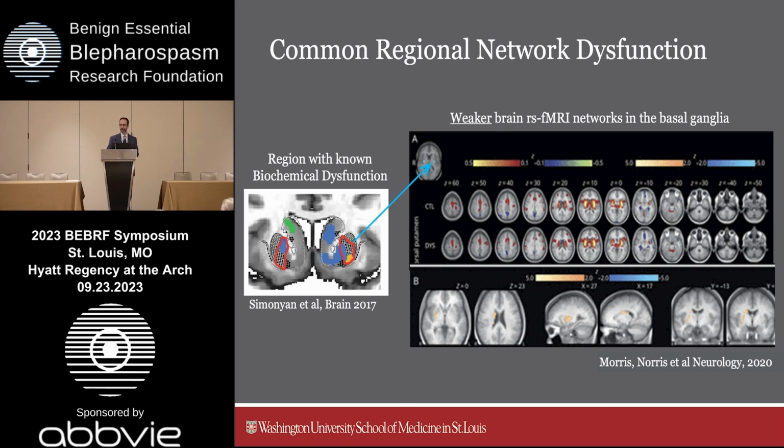Sure enough, we demonstrate that there is decreased, weaker brain functional connectivity or brain networks within the basal ganglia structures of the brain. And so this helps to support that notion that there's network dysfunction in dystonia, and solidifies that notion that the basal ganglia is a large part of that component.